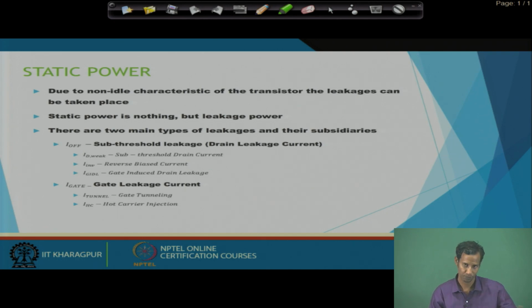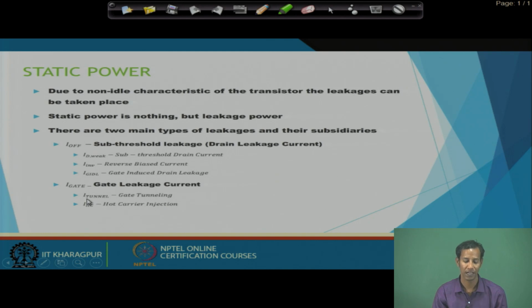Whenever we reduce the gate length day by day, nowadays people are trying 3 nanometer, these terms become dominant day by day. Then the other power consumption is the gate leakage current.